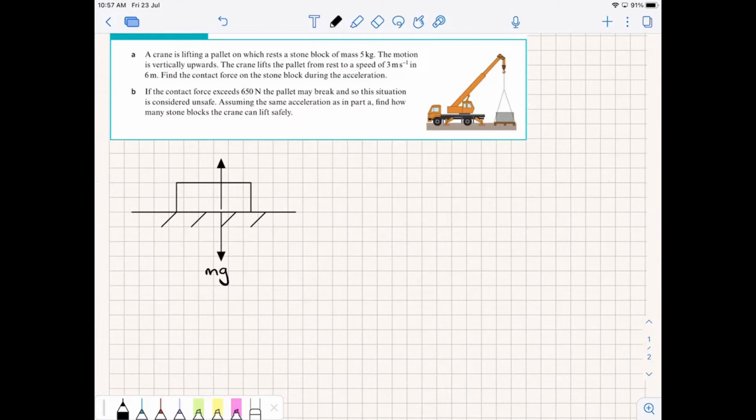We always have to specify something. The direction of our acceleration. Okay, we have to specify in which direction we are considering positive acceleration. So I'm going to say that I'm considering everything up to be positive.